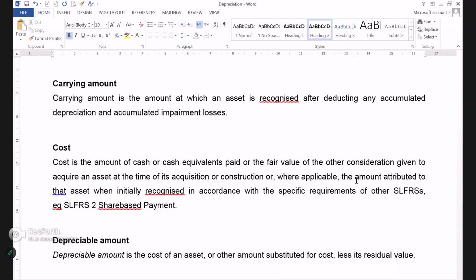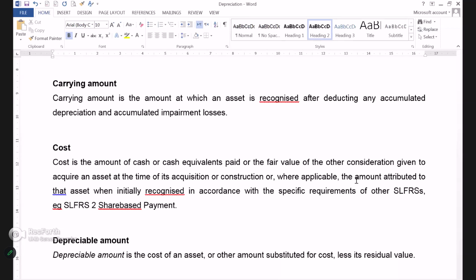For example, you have some machinery from 5 years ago. After 5 years, you have to find out the accumulated depreciation. How to calculate it? Each and every year's depreciation is added at the end of the year, and past years' depreciation should be added. So that is the carrying amount.